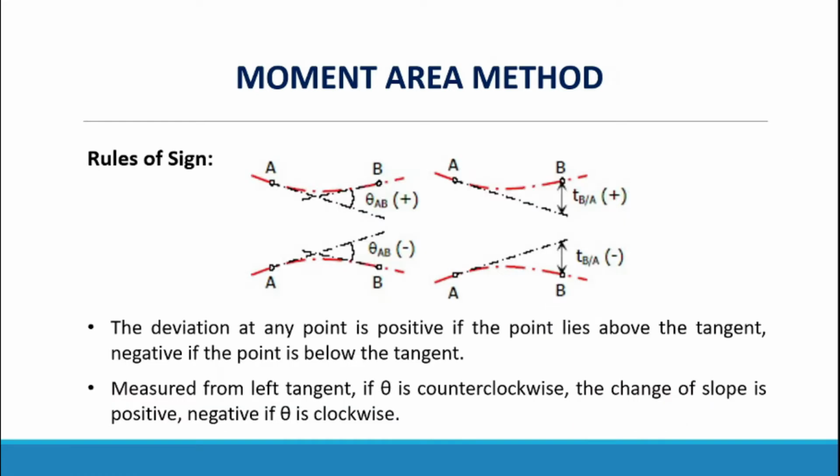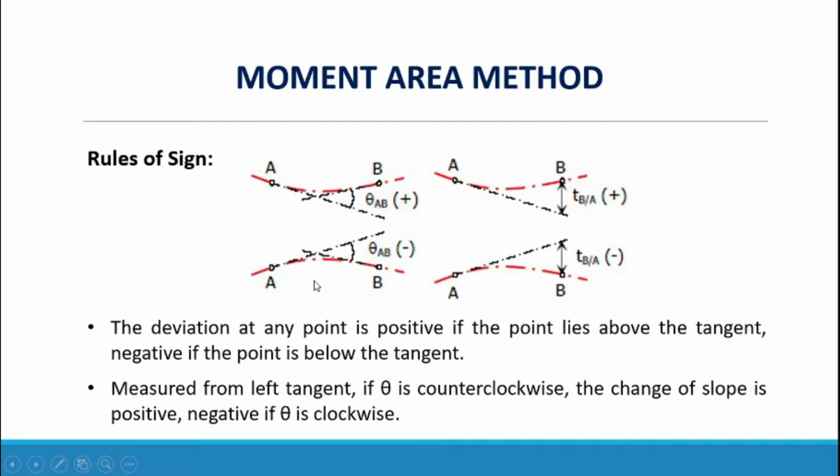And for the rules of sign, the tangent line at A intersects the tangent line at B, and from A to B we form theta AB, and the sign is positive, which is counterclockwise. When going from A up to the tangent at B, we can form an angle theta AB, and the direction in this diagram is clockwise, so the sign is negative.